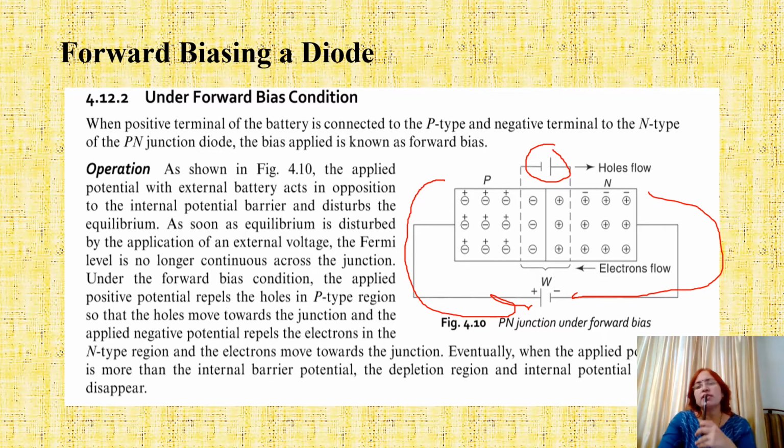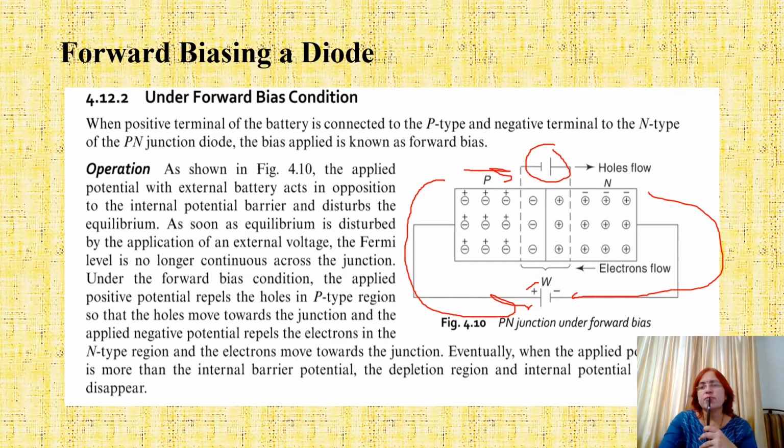So when we go on increasing the forward bias potential, the barrier potential will go on decreasing. Barrier potential is nothing but the opposition to the flow of charge carriers across the junction. This forward bias potential will act in such a way that this positive potential will repel the holes towards the junction.